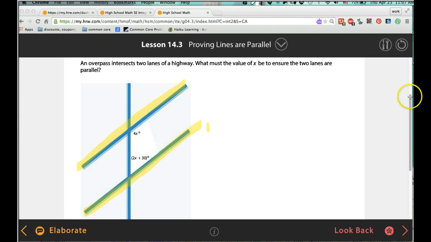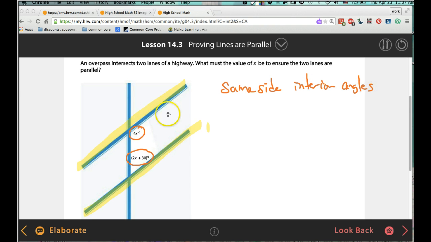So how can we know for sure? Only if these two angles are what? What are these two kinds of angles? Well, if these were parallel lines, and this is a transversal, they're on the same side of the transversal and both on the inside of the parallel lines, so they would be same side interior angles, okay?